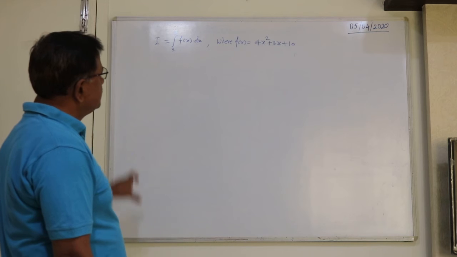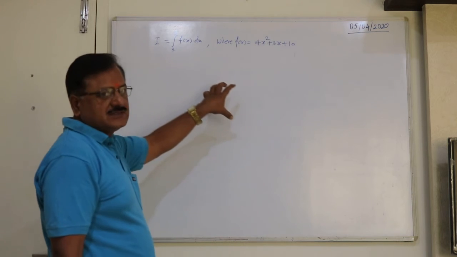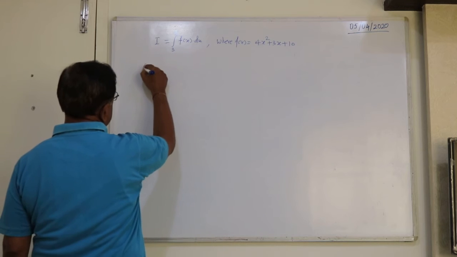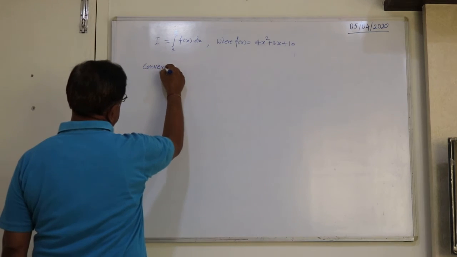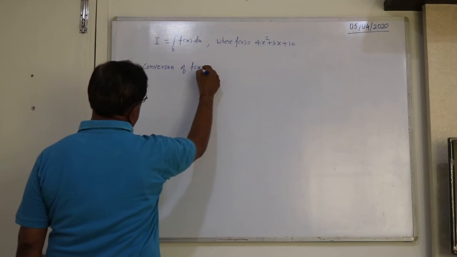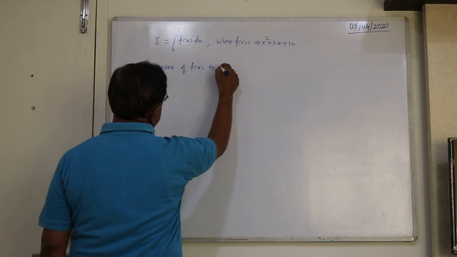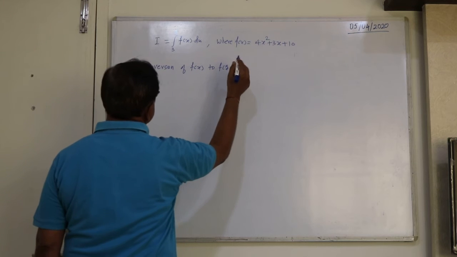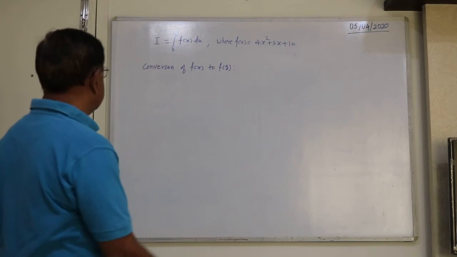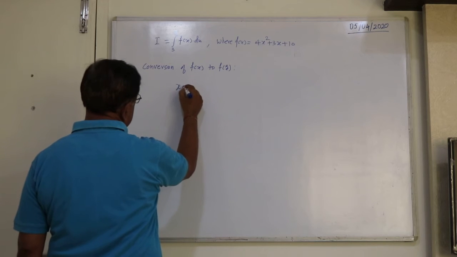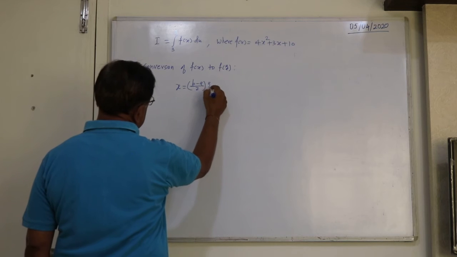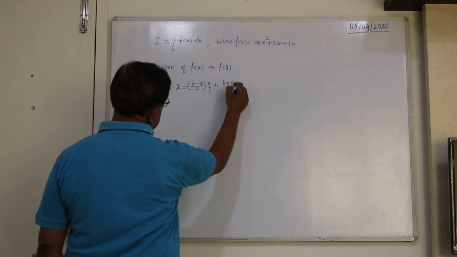And then we can compare this integration with the answers obtained by using the Gaussian integration formula. Now, before finding the numerical integration of this, first we need the conversion of f(x) to f(psi). For this conversion, there is one formula that we have to use: x equal to (b minus a) upon 2 psi plus (b plus a) upon 2.